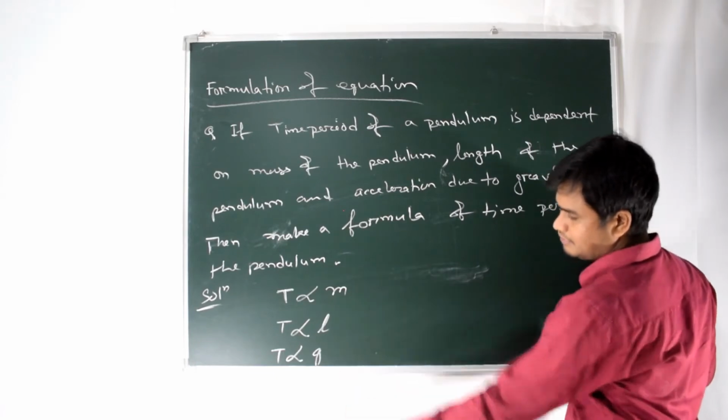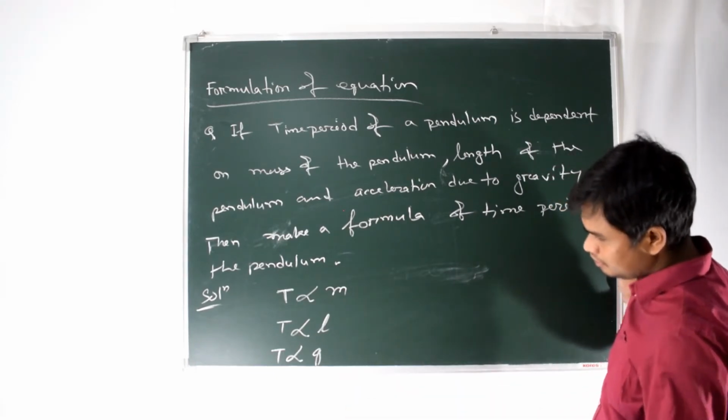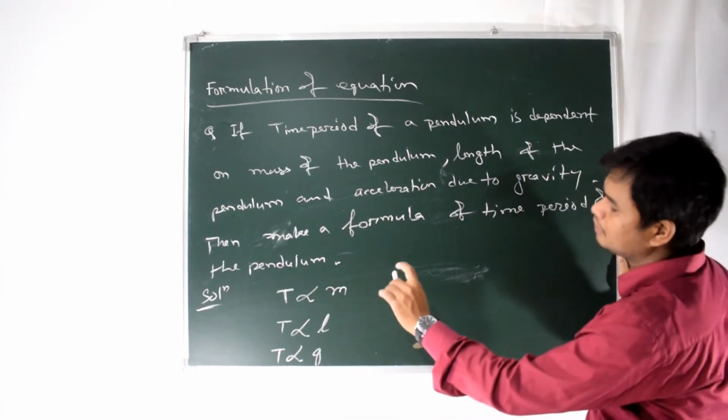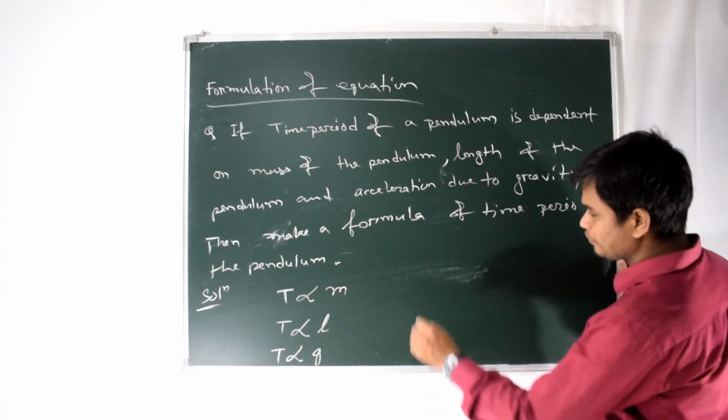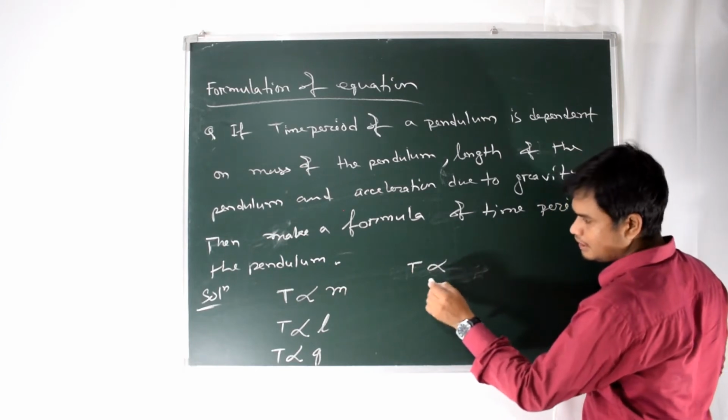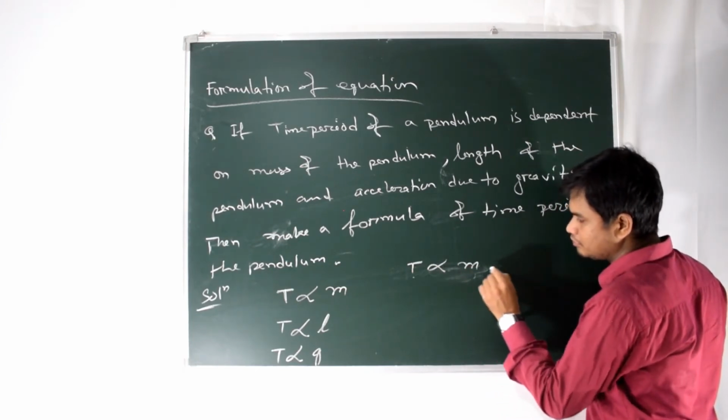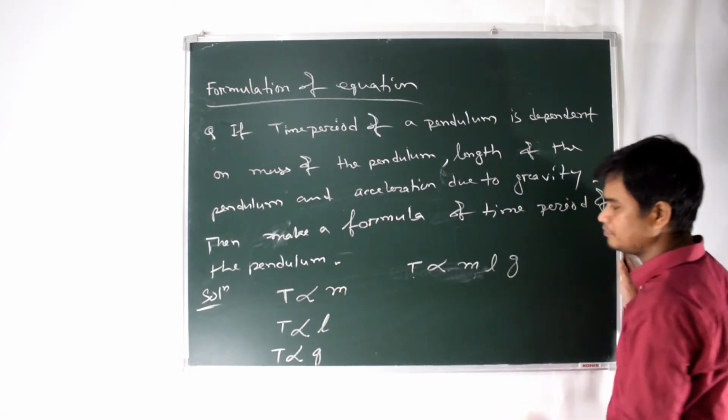These are the given data. Now you are asked to formulate the formula of the time period. So we can write T is proportional to m l g.